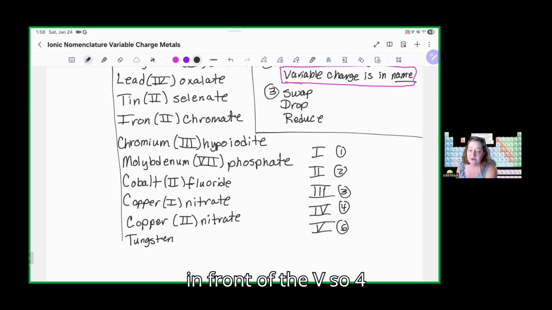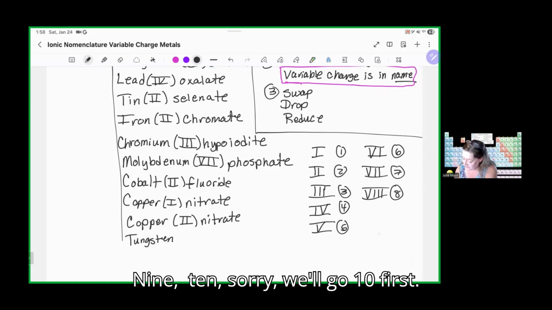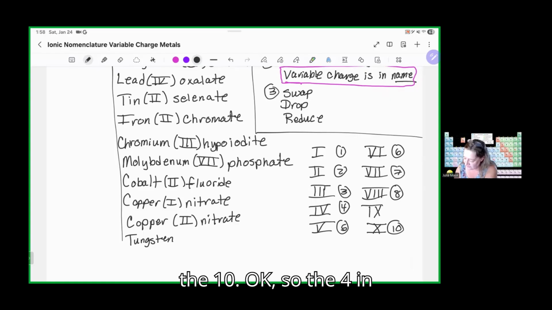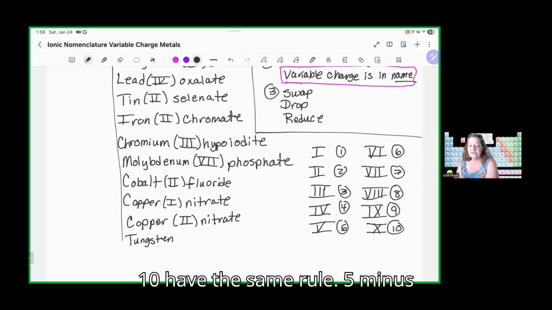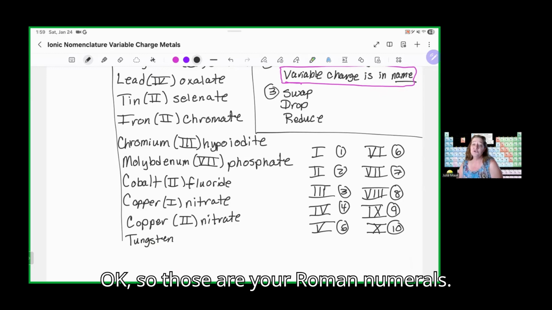The 1 goes in front of the V, so 4 is V minus 1. 6 is V plus 1. 7 is V plus 2. 8 is V plus 3. Not 10, sorry, we'll go 10 first. 10 is X, and 9 is 10 minus 1, the 1 in front of the 10. So the 4 and 10 have the same rule: 5 minus 1 is 4, X minus 1 is 9. So those are your Roman numerals.